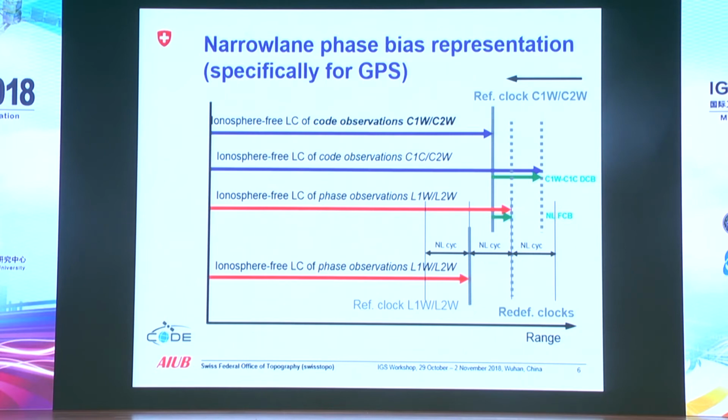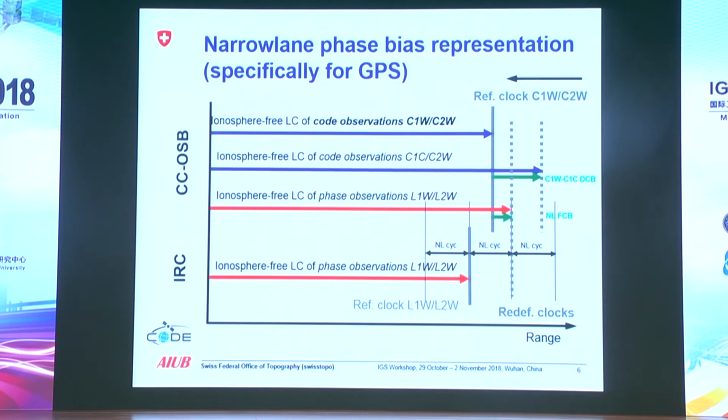And now in red you see the phase observables. For the narrowlane you have various candidates, and in our case we have a narrowlane fractional bias here, and you see we have one clock. The biases we could refer, using the clock information and the bias information, to each observable type.